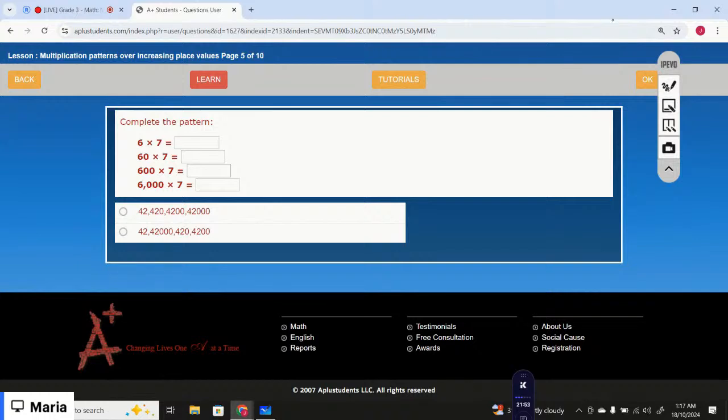Complete the pattern. 6 times 7, 60 times 7, 600 times 7, and 6000 times 7.